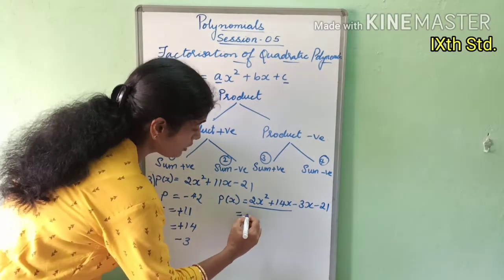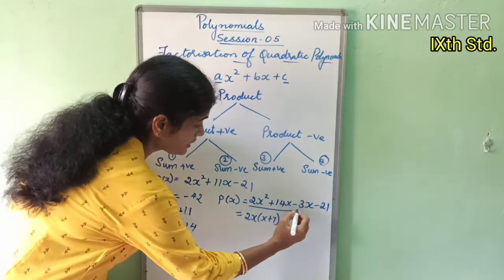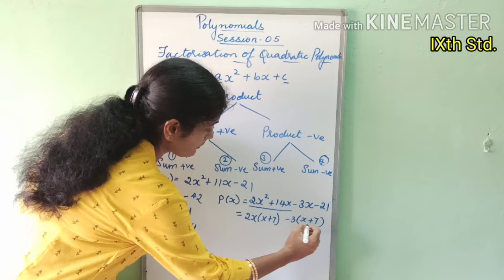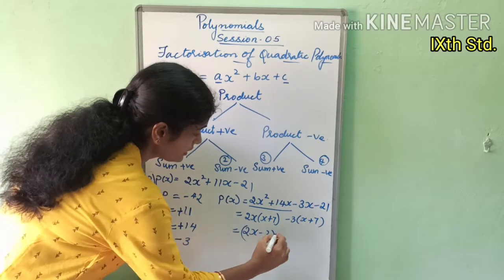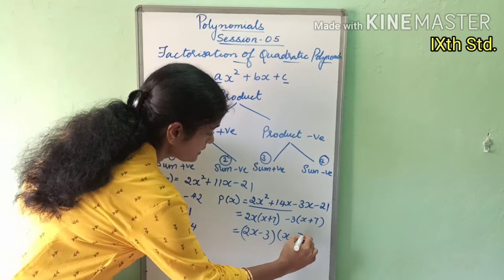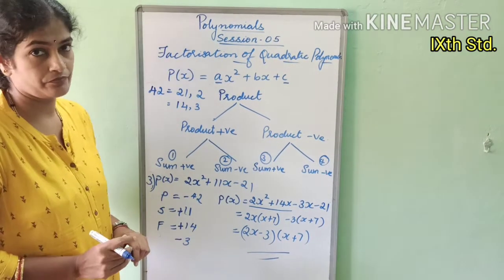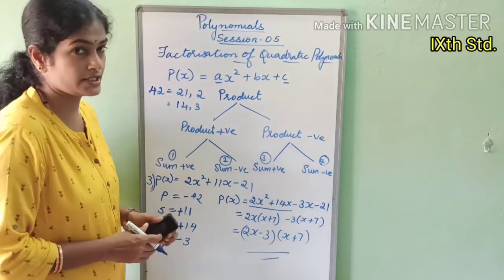Common is 2x here, so 2x into x plus 7. Here minus 3 is common, so minus 3 into x plus 7. So this will be 2x minus 3 into x plus 7. So these are the factors of p of x. Okay? Clear?